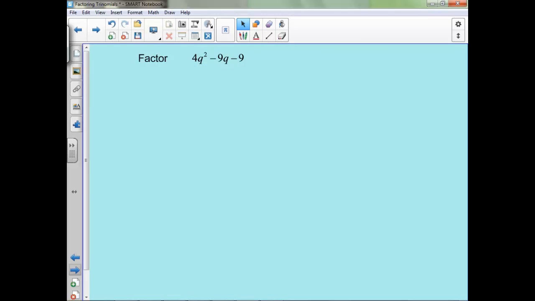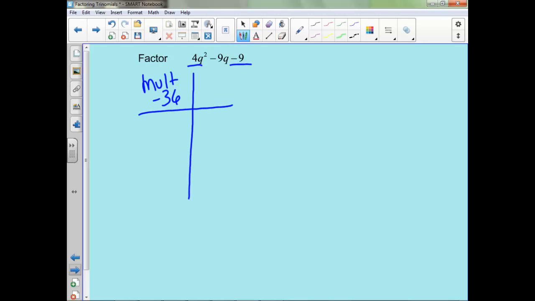So once again, we want to find two numbers that multiply to 4 times negative 9, or negative 36, but then add to negative 9 because that's our middle term. So some options here. We can do negative 6 and 6. Well, that won't work.